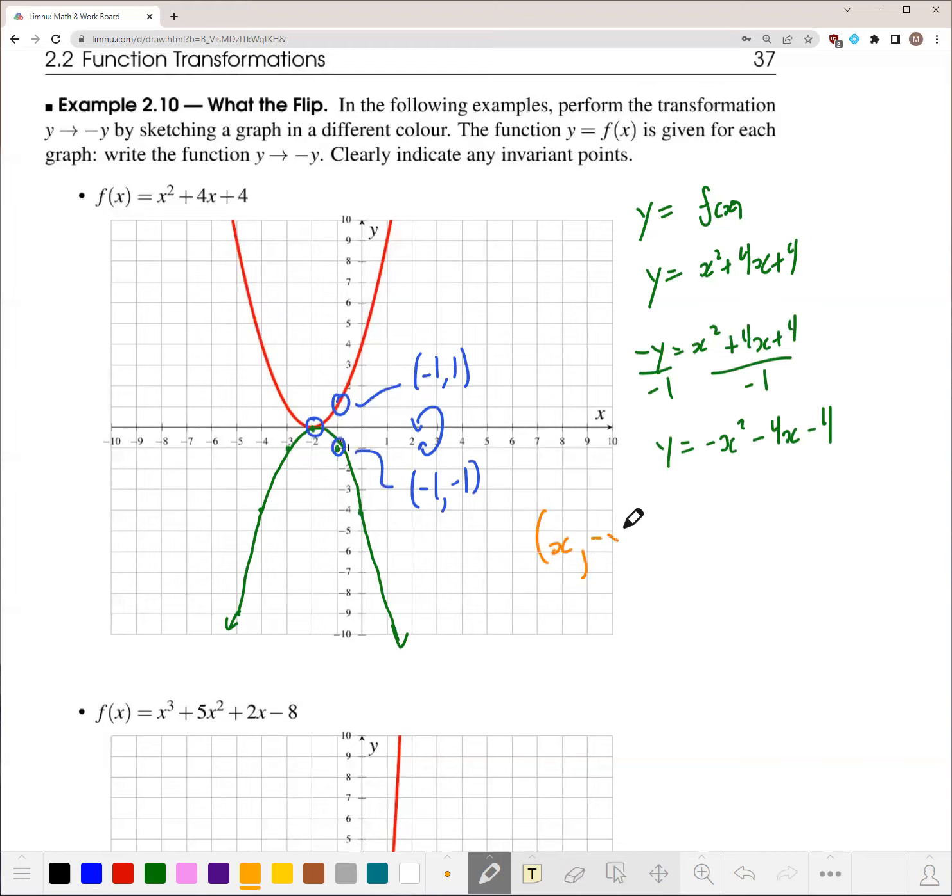And then I'm just going to get the additive inverse of my y. So for any given point, all I need to do is replace y with negative y. So this point here, which is 1, 9, has the reflected point here, 1, negative 9. And that's really, really easy for us to use as a tool to perform these reflections.